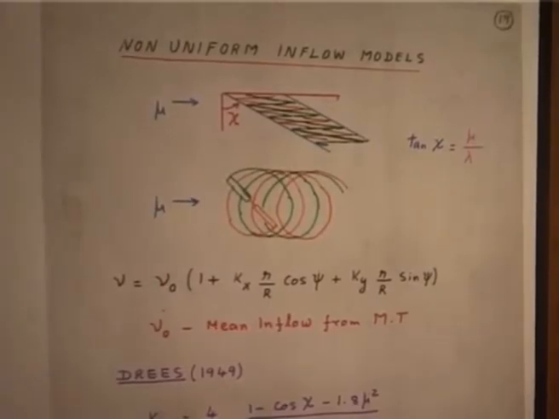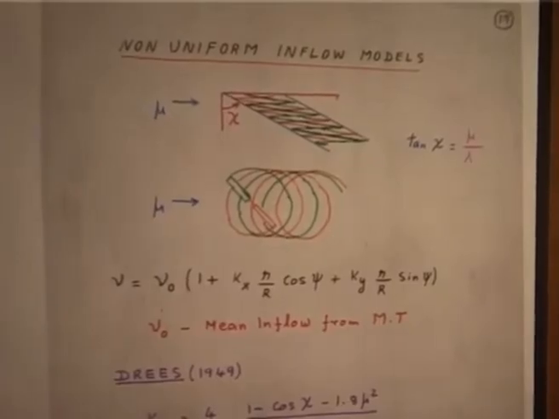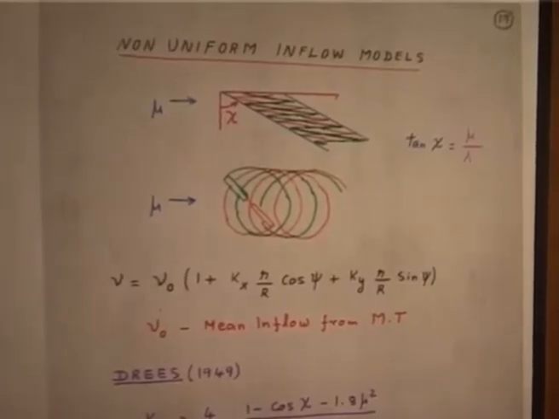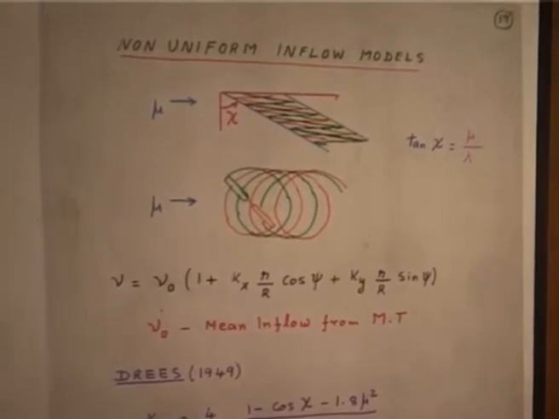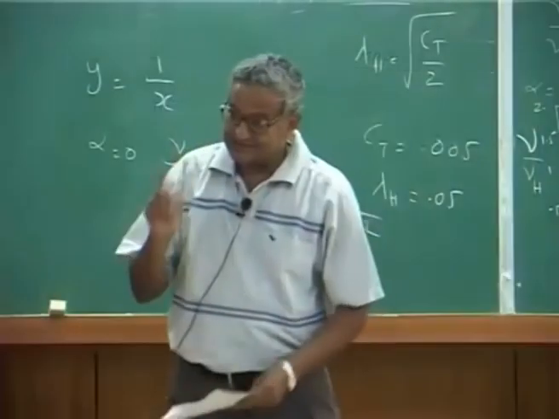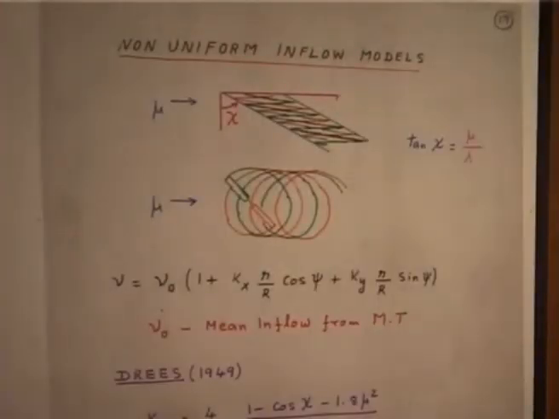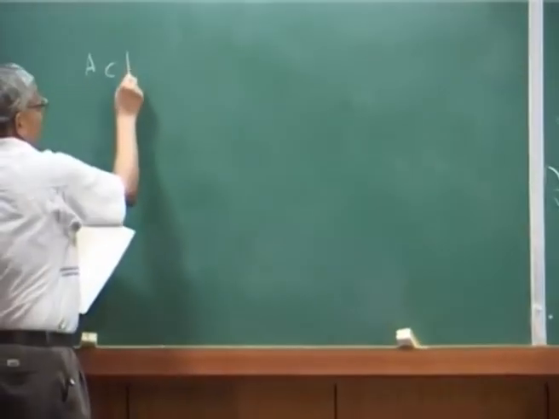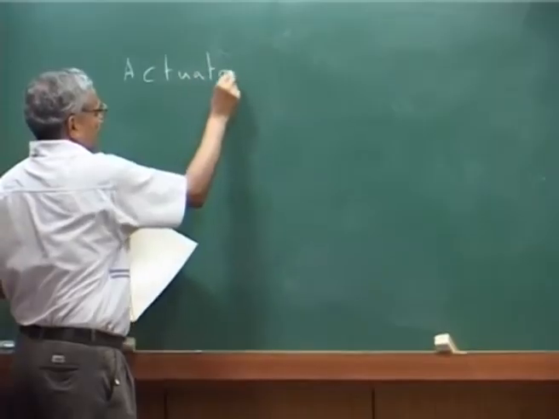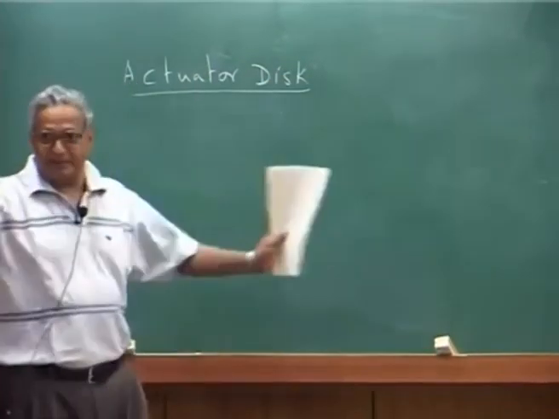That means it is almost like a skewed cylinder, but assume uniform loading, gamma is constant. That means it will be like a semi-infinite skewed cylinder. With this assumption, I will just write, because I will not go into the details of this formulation. So, this is the actuator disc first, that means an infinite number of blades.